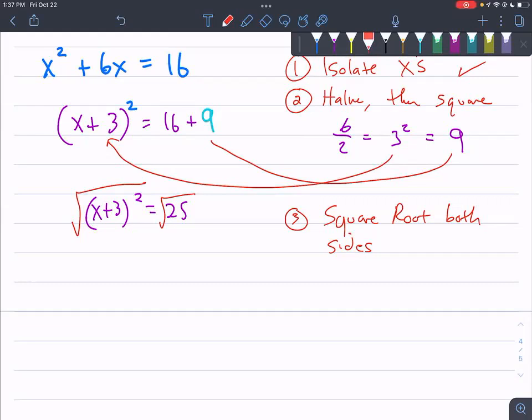If you can imagine that trinomial, it would factor into 2 identical parentheses, x plus 3 times x plus 3. I just explained that in case anybody was interested in how we ended up here. But adding it on the left, you don't necessarily need to show.